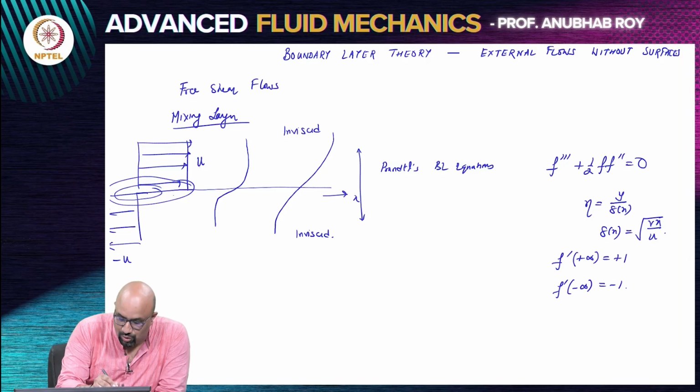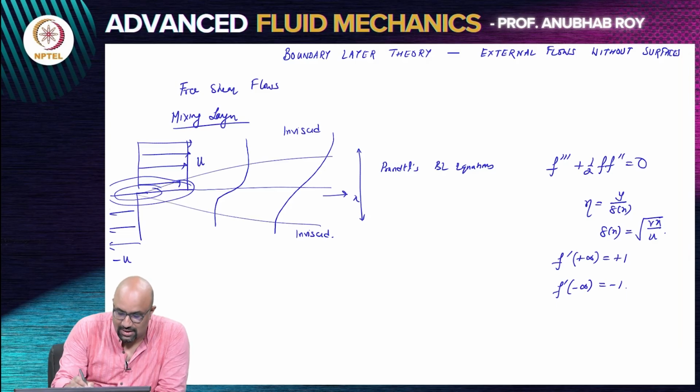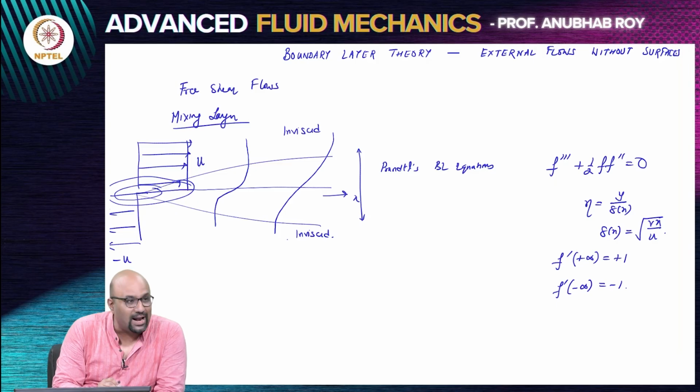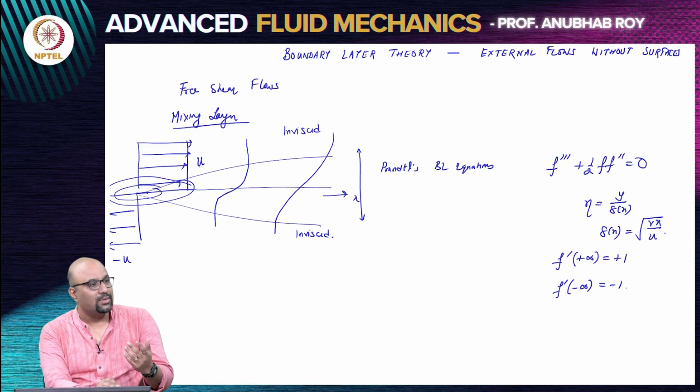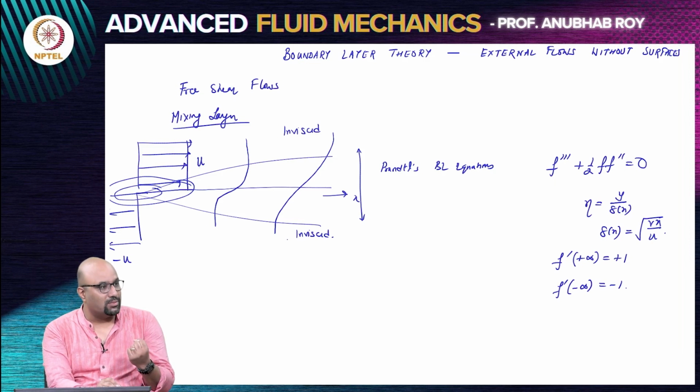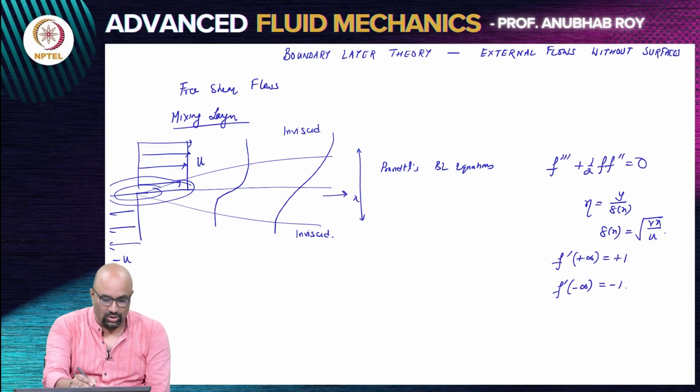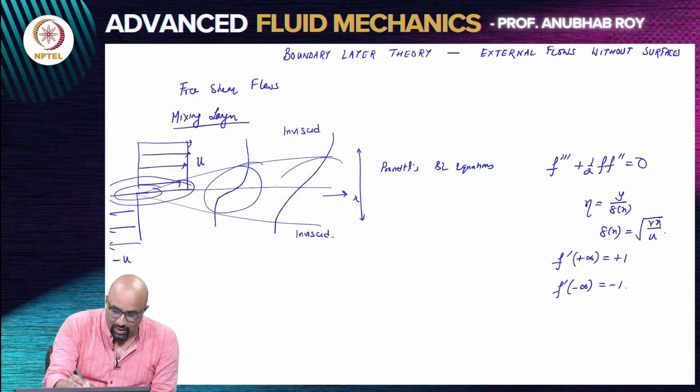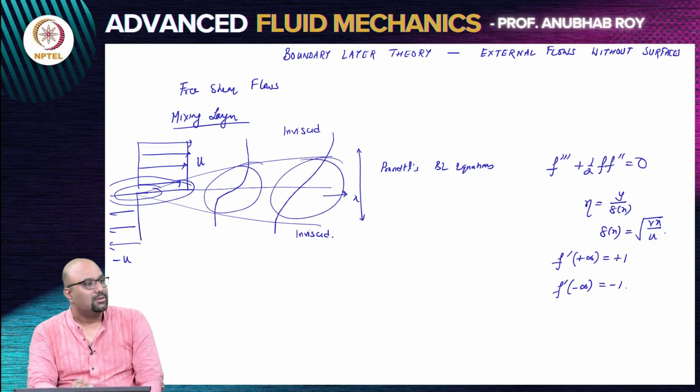So, viscous diffusion is going to occur and viscous diffusion will lead to the streams gradually getting homogenized, which means the top stream will get pulled back and the bottom stream is going to get pushed ahead by the top stream. And so, this region, this is the boundary layer right now, which is the mixing layer in this problem. So, you apply the same boundary layer approach and you can study this particular problem.